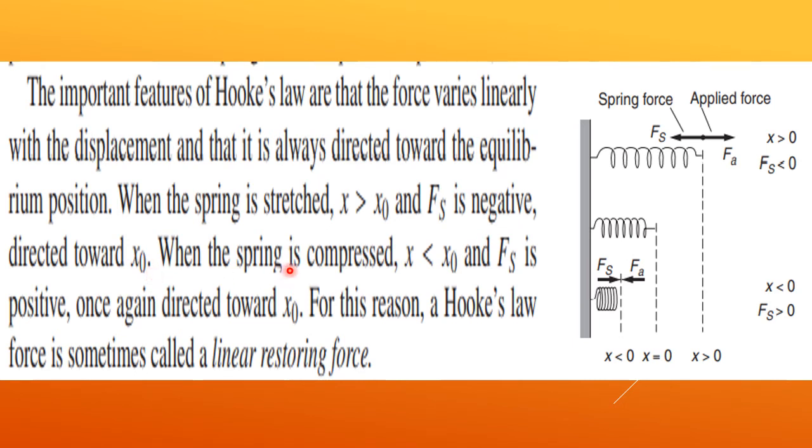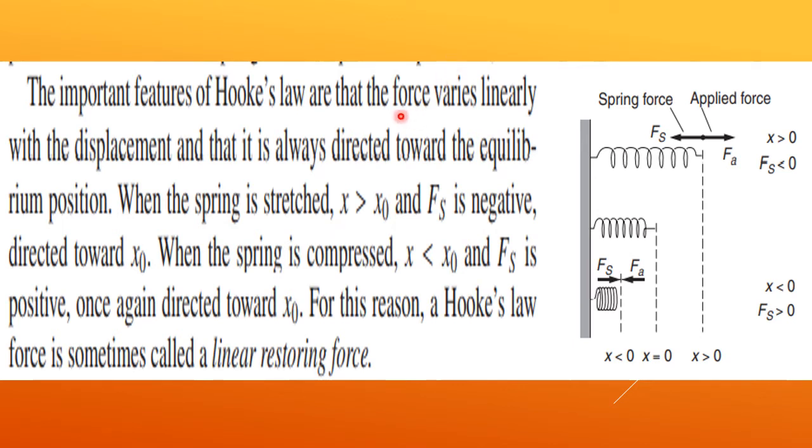Now the second case is when the spring is compressed. This is the equilibrium position and it is compressed. So this is the direction of applied force, and opposite to it will be acting the spring force Fs, so that Fs is greater than 0, or positive. That is, when the spring is compressed, x is less than x0 and Fs is positive, once again directed towards x0.